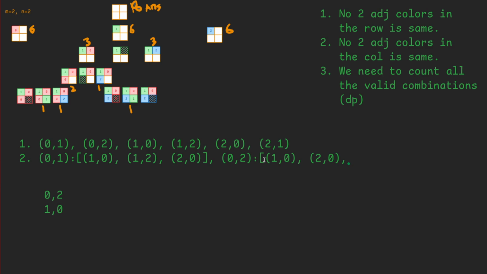And 2 comma 1, yes, it is also a valid case. Now again we move to the next, that is 1 comma 0, and similarly we will find the next adjacents, and likewise. So we will get an adjacency matrix for the adjacent color in columns, and adjacent color in rows, and then we will count everything in a DP.